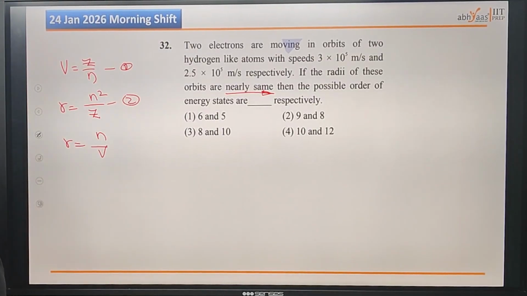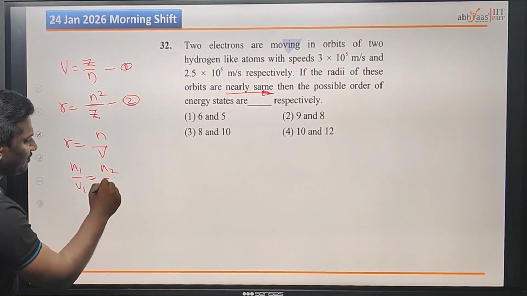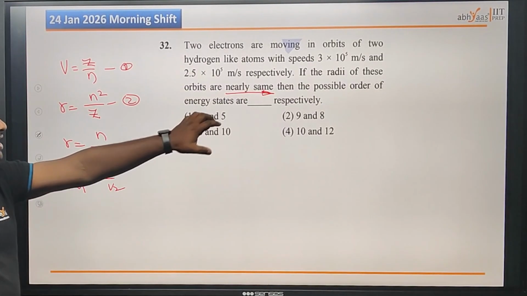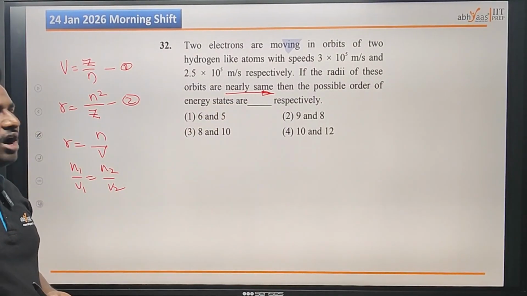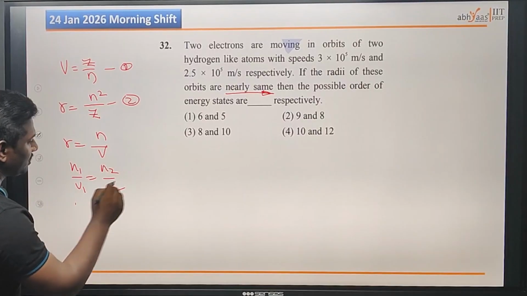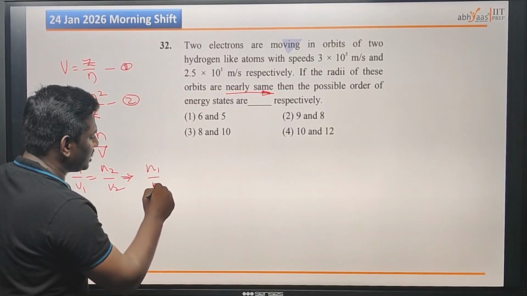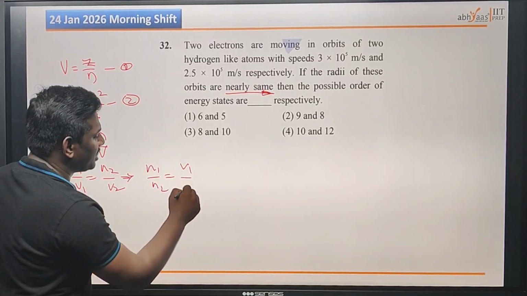So in the question, R1 equal to R2. So n1 by v1 equal to n2 by v2. So what you have to find? You have to find the possible order of states, energy states. So see here, from this one, n1 by n2 equal to v1 by v2.